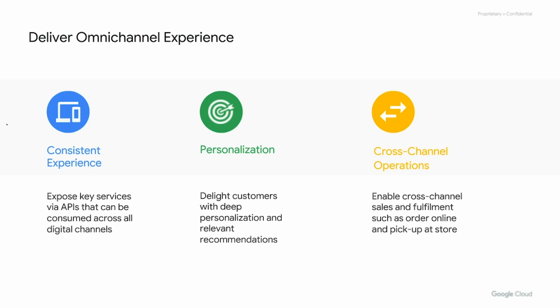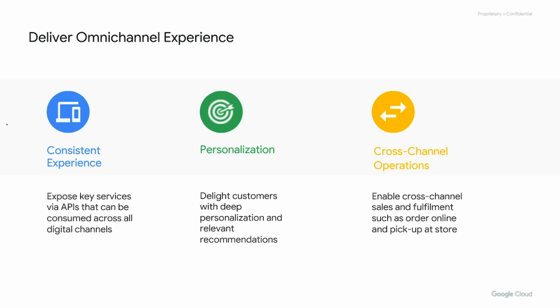Number 1 is ensuring a consistent experience by making the data that you have, and the digital capabilities for your consumers, available as APIs that can be leveraged consistently across all channels. So that means having consistent assortment, consistent inventory and availability, consistent pricing, and having the same set of capabilities at each digital touchpoint.